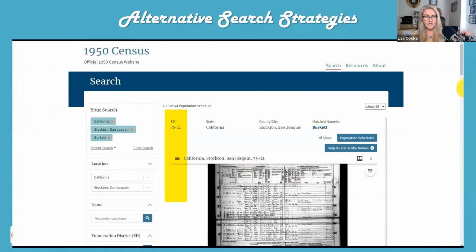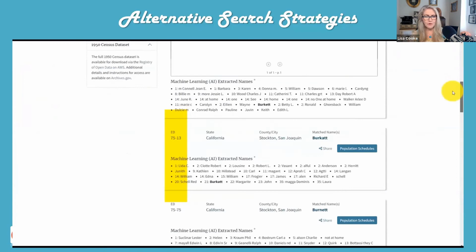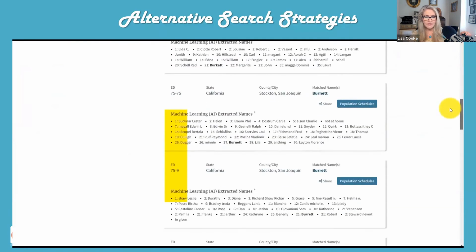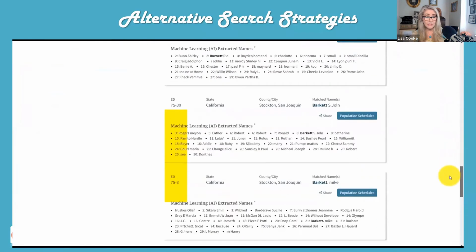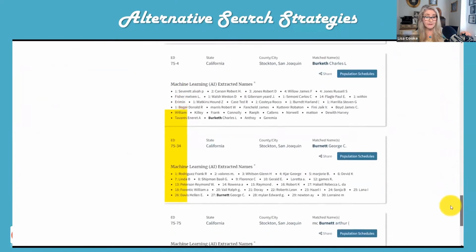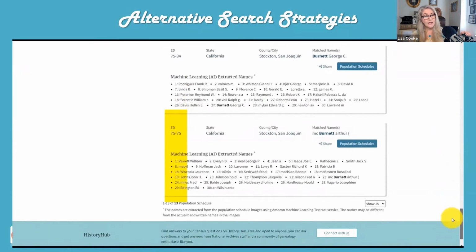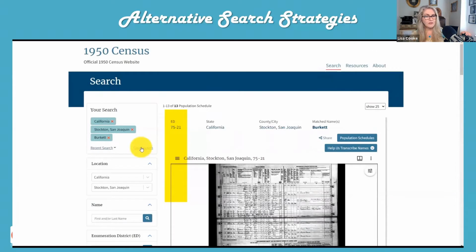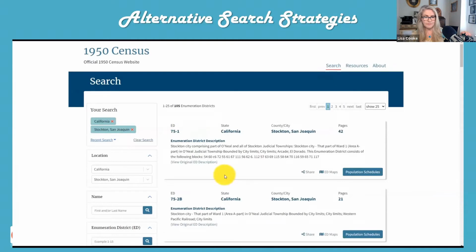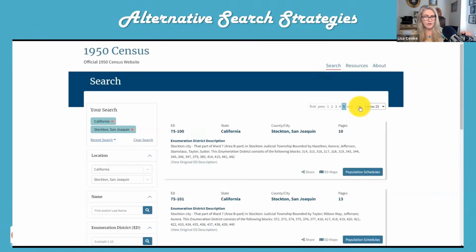So back here at the National Archives, remember all of our EDs were listed here on the left-hand side, and we don't see it at all. I saw 75.9, that was pretty close, and 75.3. Okay, but that doesn't mean those are the only ones. I can search by ED. So if I come back here and remove the name, because sometimes names don't work well in conjunction with the other filters, I still have 5 pages of these EDs, and I don't want to go through all those.